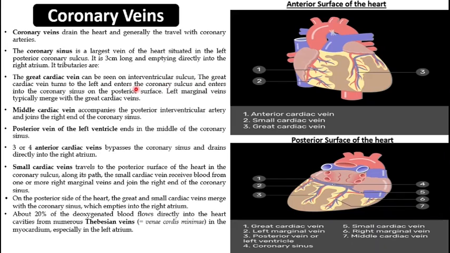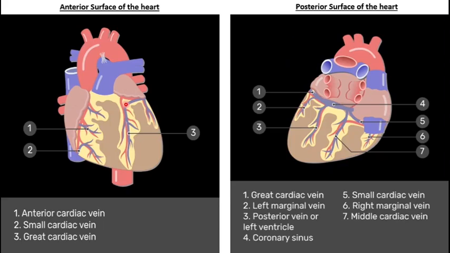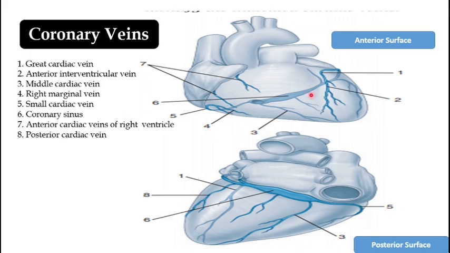so therefore it is also known as the anterior interventricular vein. The great cardiac vein turns to the left, enters the coronary sulcus, and enters into the coronary sinus on the posterior surface, and left marginal veins typically merge with the great cardiac vein. So you can see that I have not yet illustrated the left marginal vein.